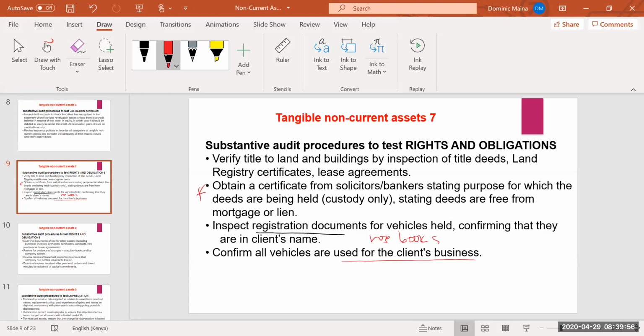You can have a case where the company is going to ask a bank to act as custodian for different title deeds or different registration documents for their different assets, or even active assets in case they can be stored. So in that case, the assets are not being held as security, but are being held on behalf of your client in custody.